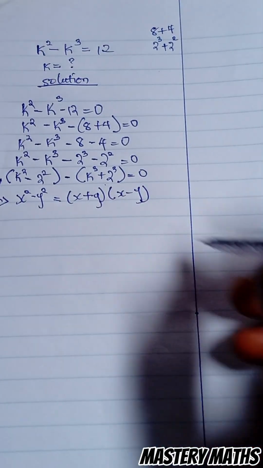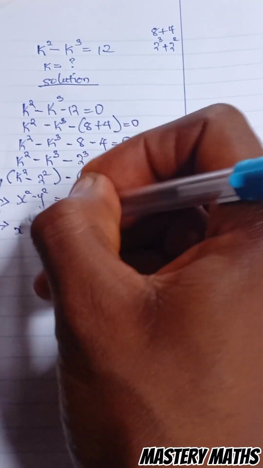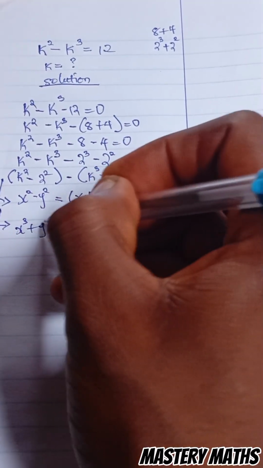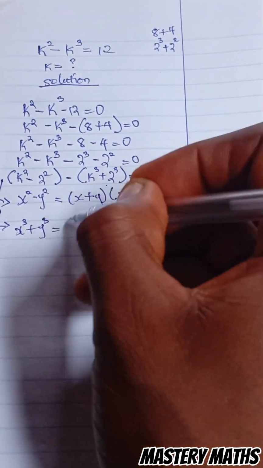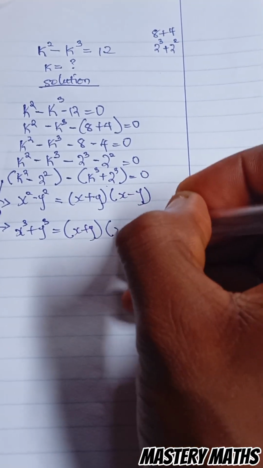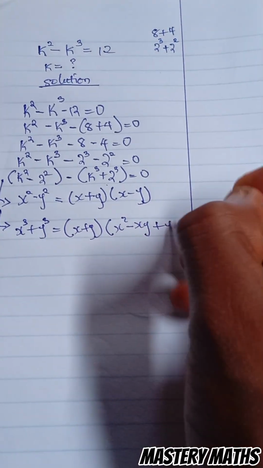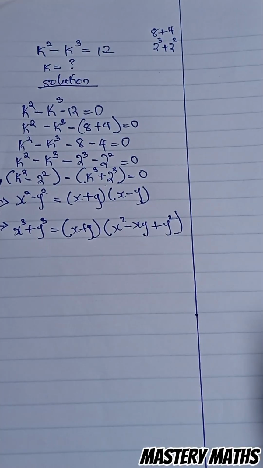Now, we'll do the next one, which is the cube. We have x³ and y³, which will give us x plus y, open a bracket, x² minus xy plus y², which we have done.